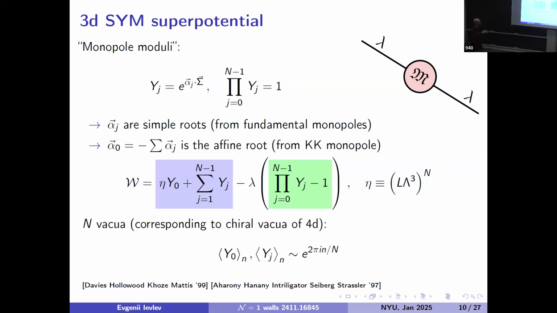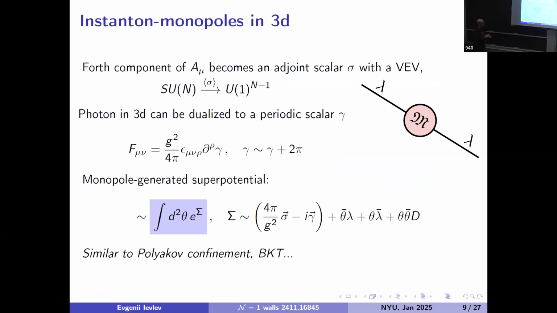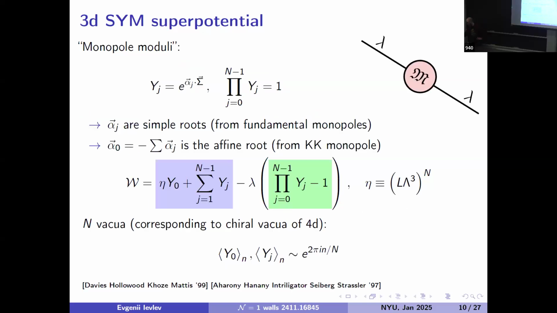These are just technical details which are not particularly important. The important thing is that each monopole has its own parameter, and the superpotential which this monopole generates. As I said, it's an exponential-type potential, but now we introduce variables which are exponential themselves, so that the potential actually becomes just a sum of these y's.